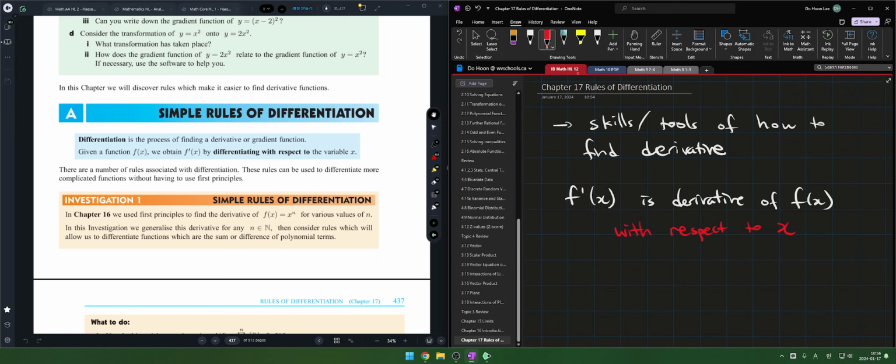So we just need to make sure that we understand that when we're finding the derivative of something, or when we're differentiating, we're always finding it with respect to a certain variable. What it means is that while you're doing the derivative, we're looking for that variable that you chose, and then we're differentiating with respect to that. It also comes very handy when you're doing integral calculus, which is the opposite of differentiation. That also matters about what variable.